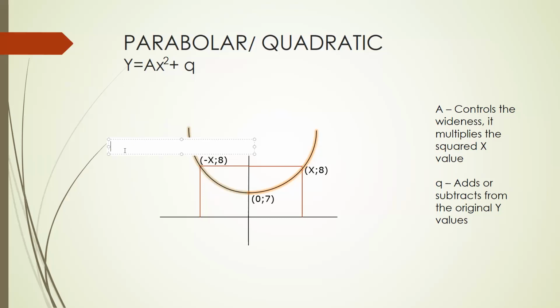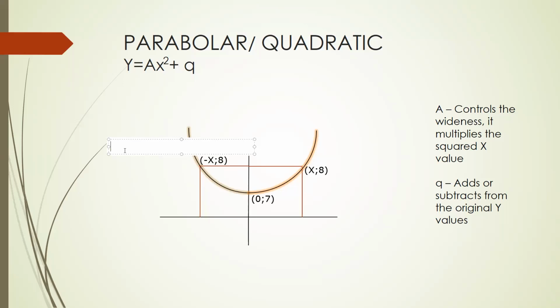So let's substitute. We're still going to find our q if you use the 0 and 7. Because if you say y is equal to 7, 7 is equal to a times x squared. Our x is 0 there. Anything multiplied by 0 is 0. So q is equal to 7. But what if you substituted that point and the graph had shifted left or right?